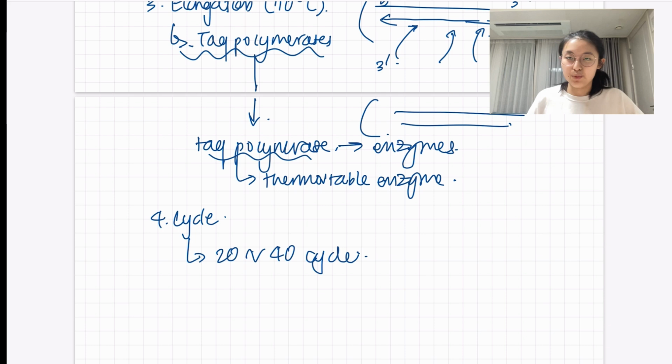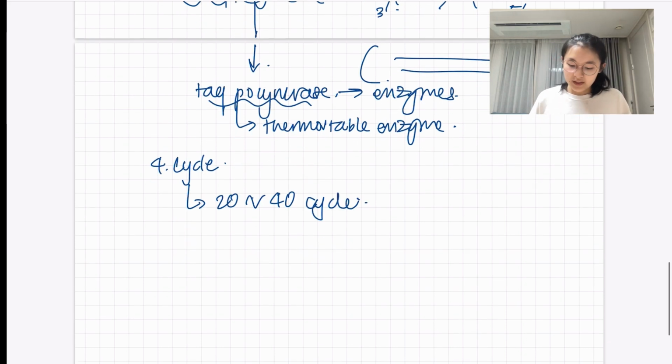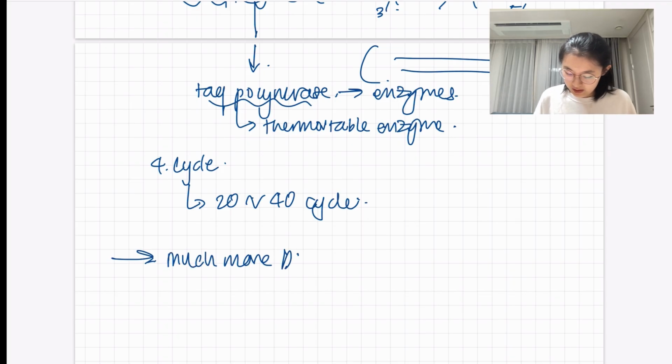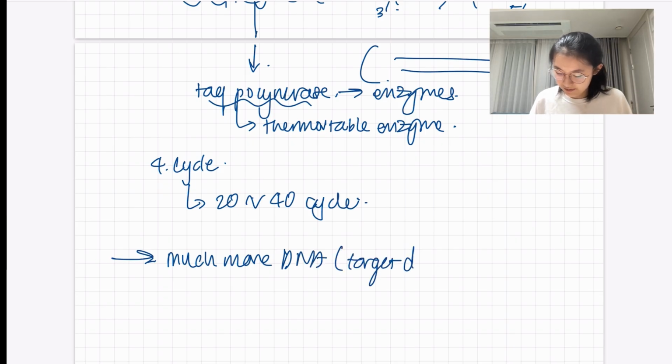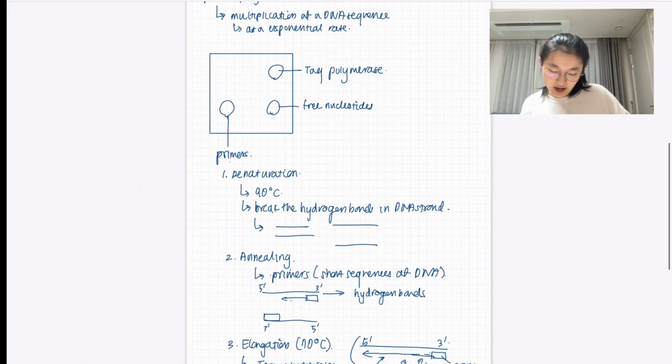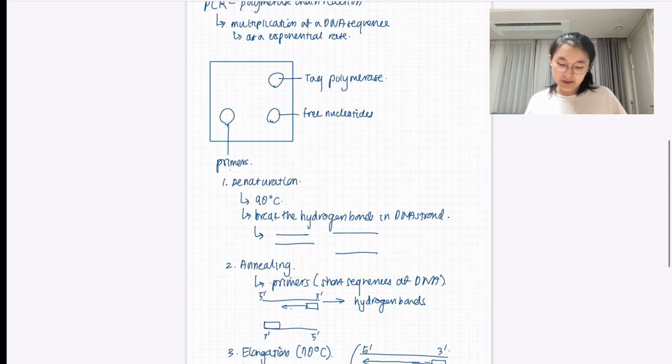And the goal of this is to multiply the DNA population as much as possible. So at the end of the day, we are going to end up with much more target DNA sequences. And that is how the process of PCR essentially takes place. Thank you so much for watching.